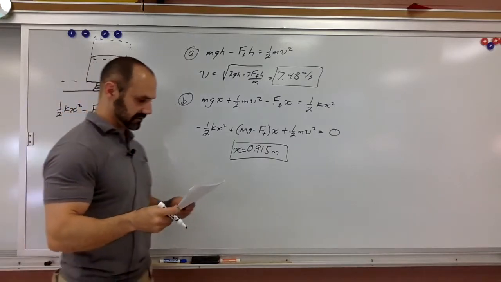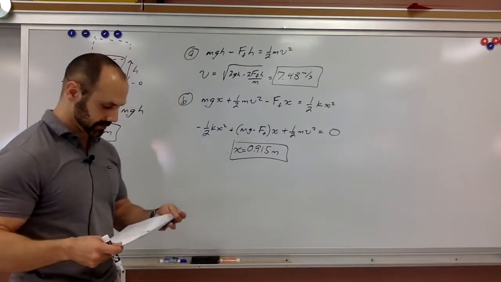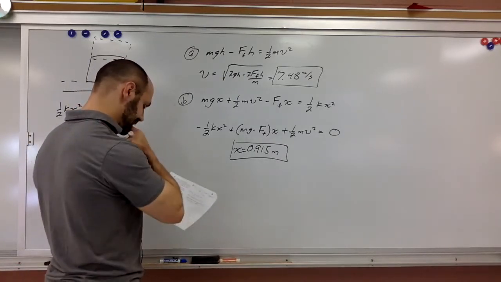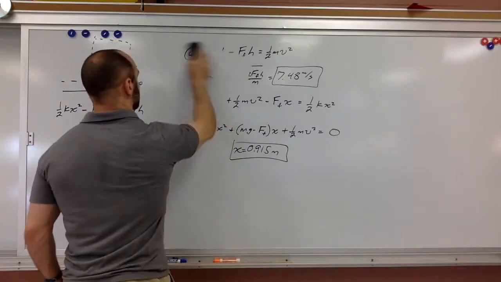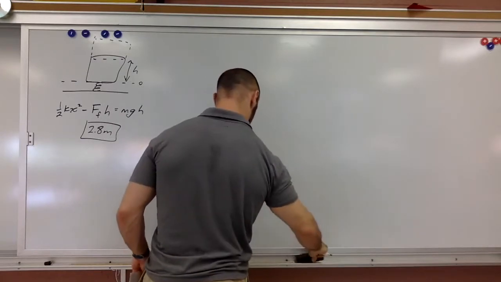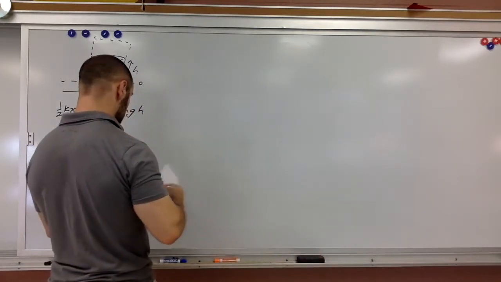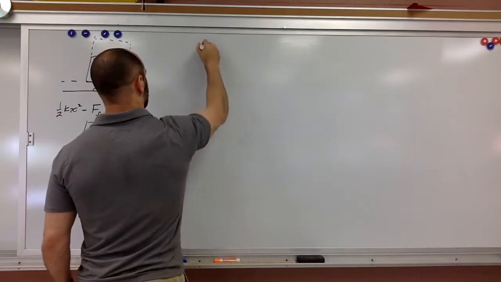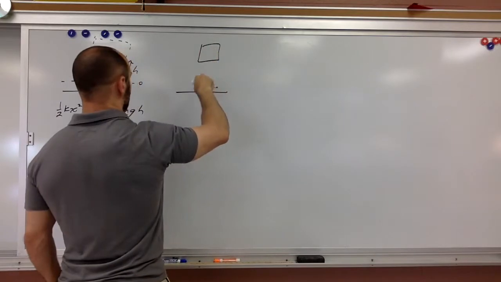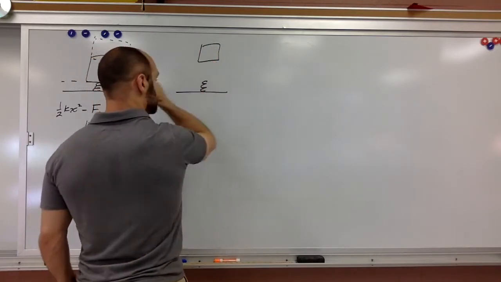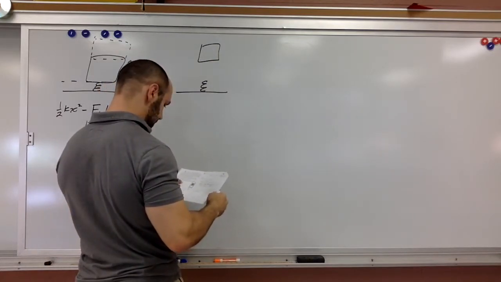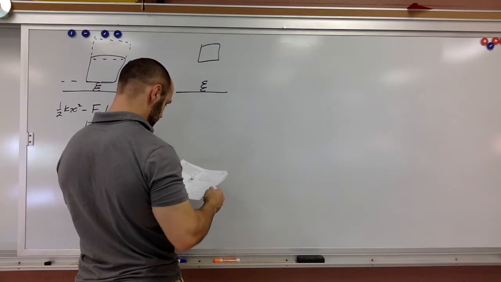Let's take a look then. It says find the approximate total distance the cab will move before coming to rest. Okay. This one we need to be careful the way that we set it up. So here's the cab at the initial moment. It's some distance above here, and we already know that that's 3.7 meters.